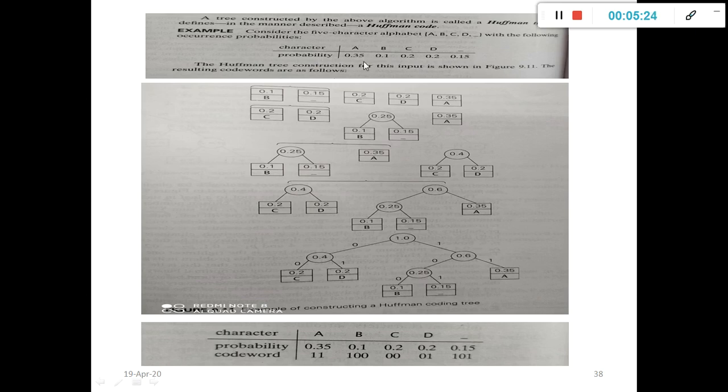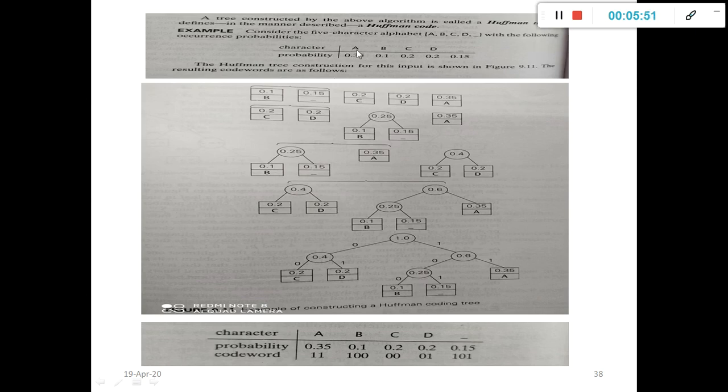That is, the probability of A is 0.35, probability of B is 0.1, probability of C is 0.2, probability of D is 0.2 and probability of underscore is 0.15. The probability value indicates how frequently the characters A, B, C, D, underscore appear in the message that you want to transfer over the network.